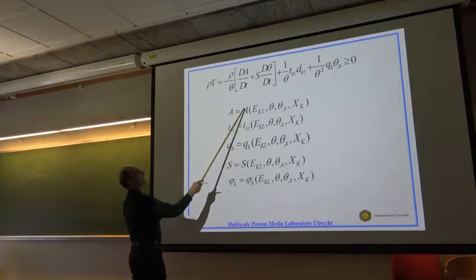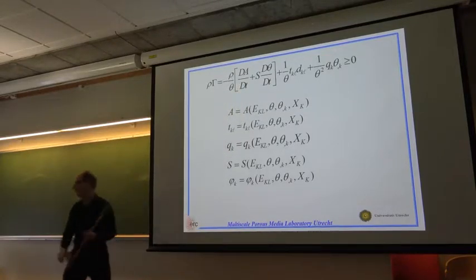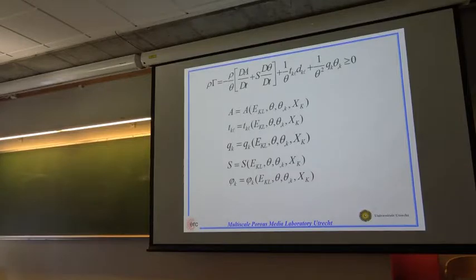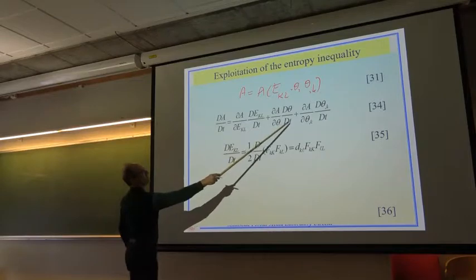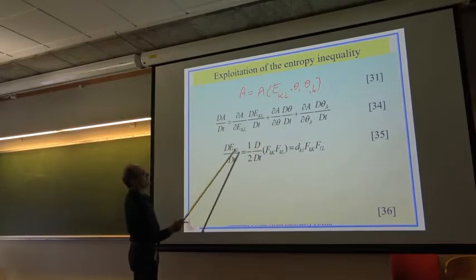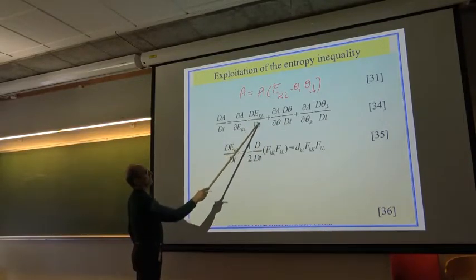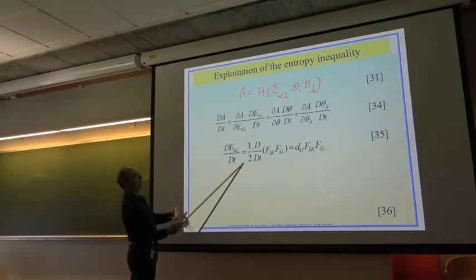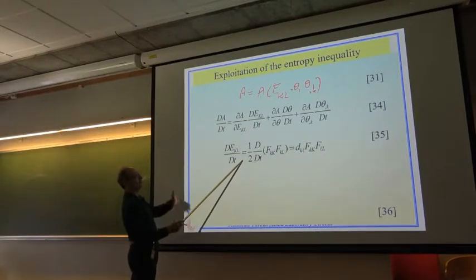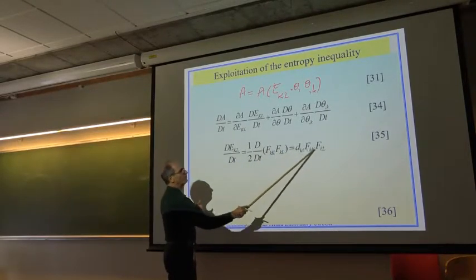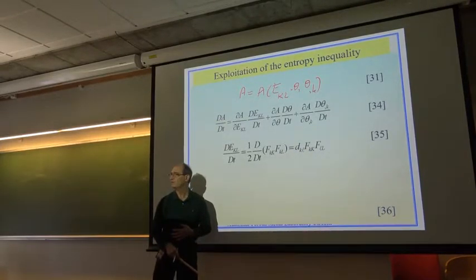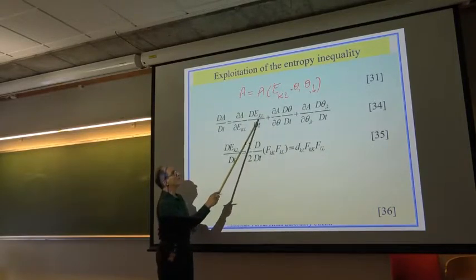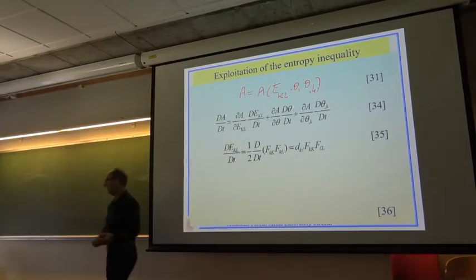Now, the operation we need to do is just take the time derivative of A, and the time derivative of A is therefore the chain rule of differentiation with this, and I see that there is a dE_KL dt, and by definitions that I had earlier, the velocity is the time rate of change of displacement, this can be shown to reduce to the deformation rate tensor multiplying the gradients of displacement. So I use this in here and I put everything back in my entropy inequality.